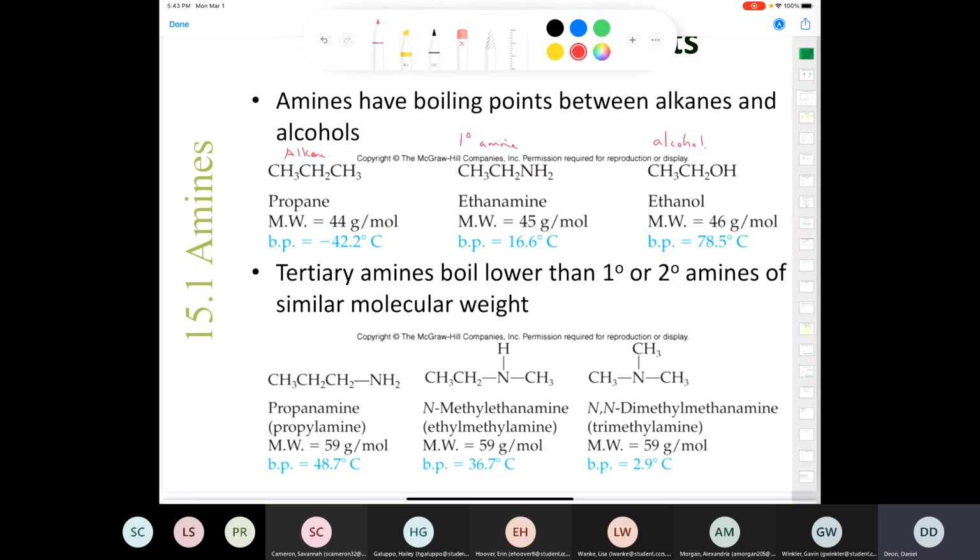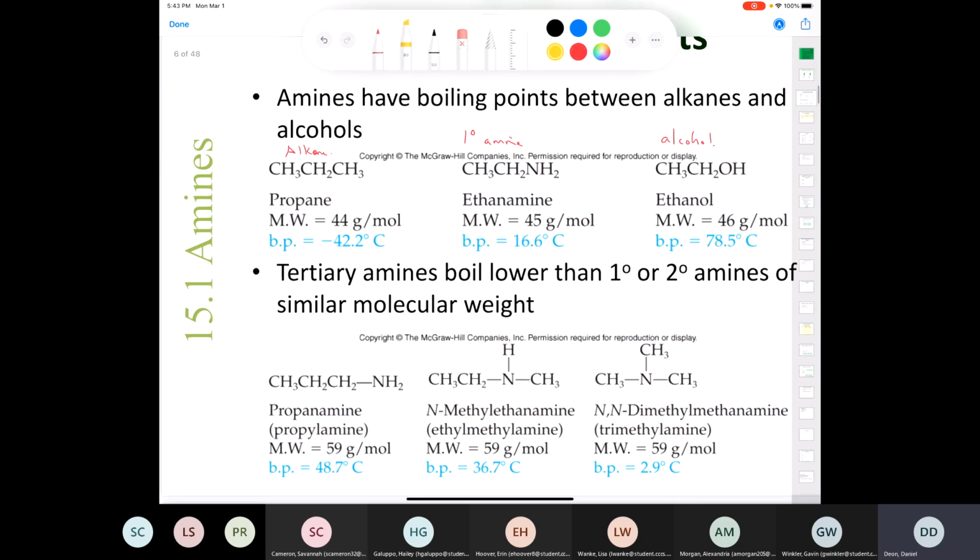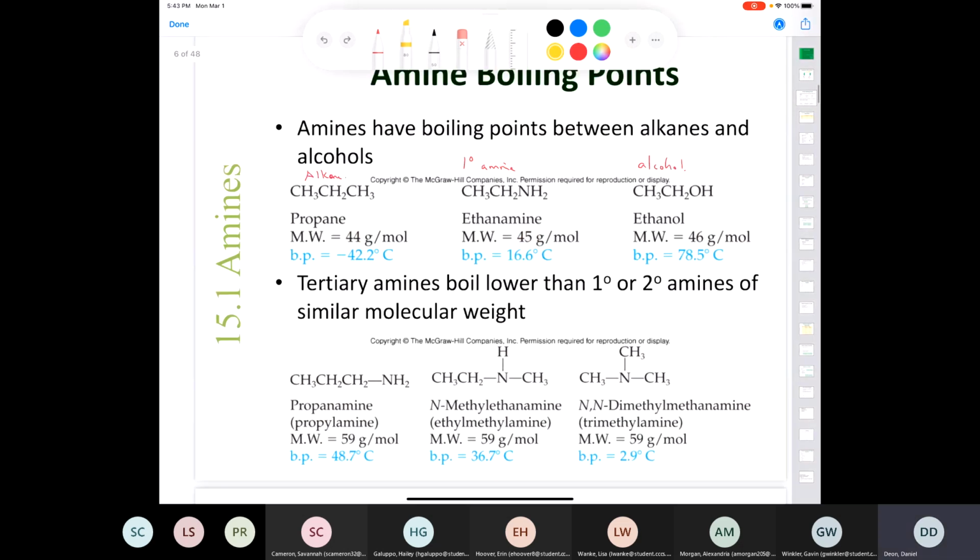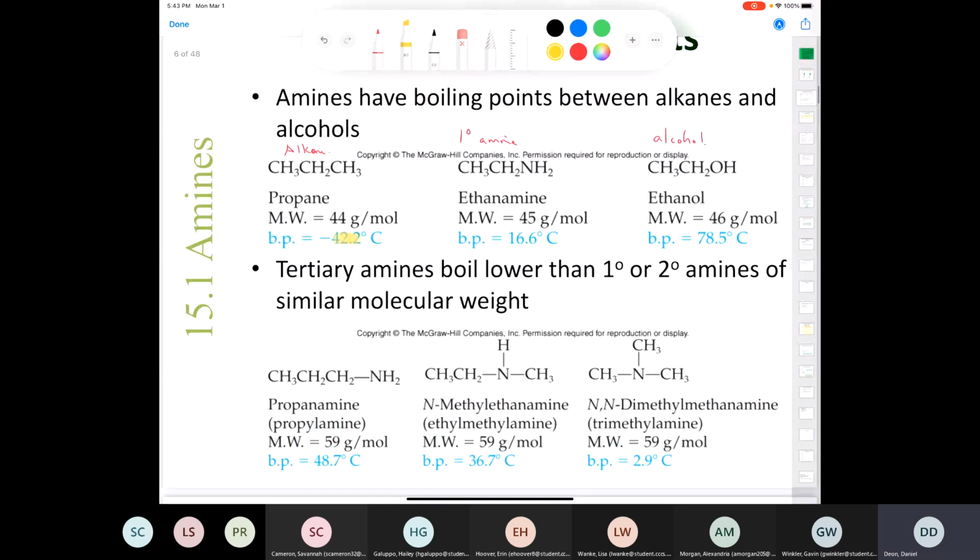Okay, well, you can see that they all have very similar molar masses. They're all around 45 grams per mole, give or take. But you see there's a wide range of boiling points going all the way from -42 up to almost 80 degrees. And then you have the amine somewhere in the middle around 17 degrees Celsius.